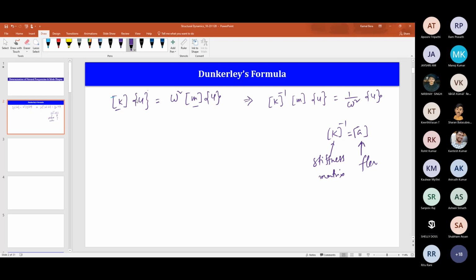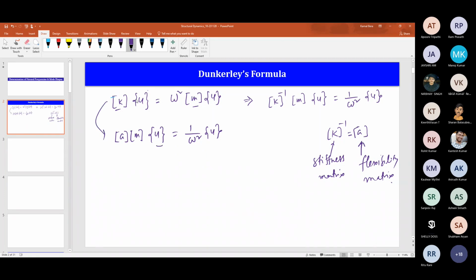So now what is coming is A M u equals 1 by omega square u. This is also an eigenvalue problem, right? I have obtained this from the previous one.